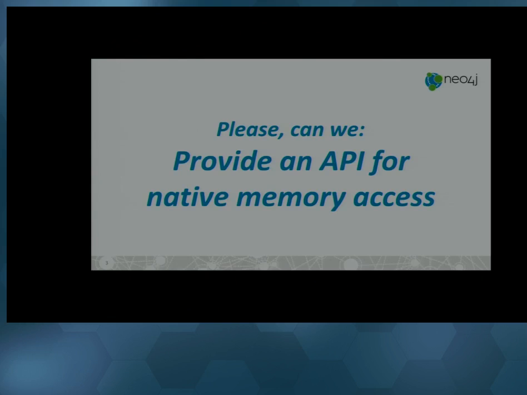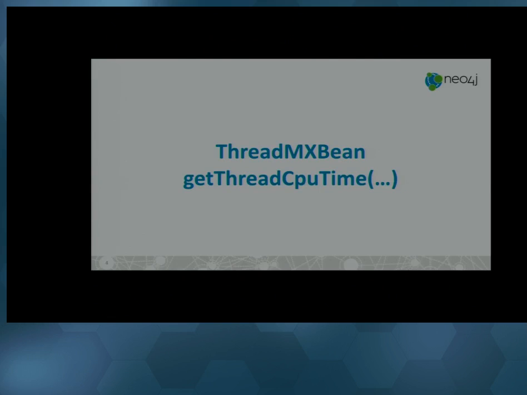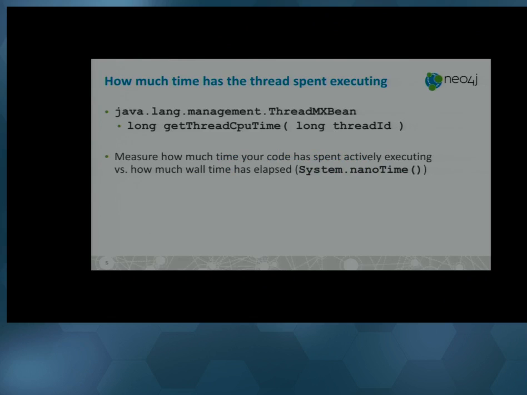So let's start with something that is public and not secret in any way. The ThreadMXBean has a CPU time method that gives you the time that the thread you specify, using the thread ID, has spent actively executing on the CPU.